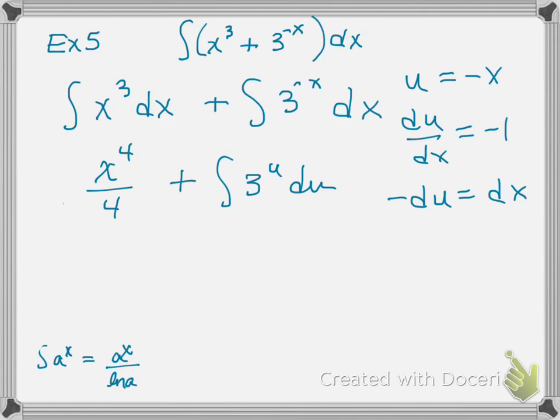So I still have x to the 4th over 4 plus 3 to the u over ln of u plus c. But I need all x's in here, so I'm going to go back and replace my u with a negative x.